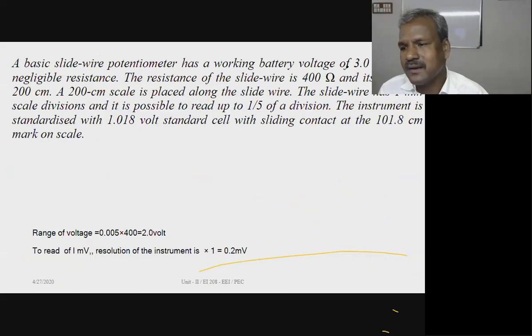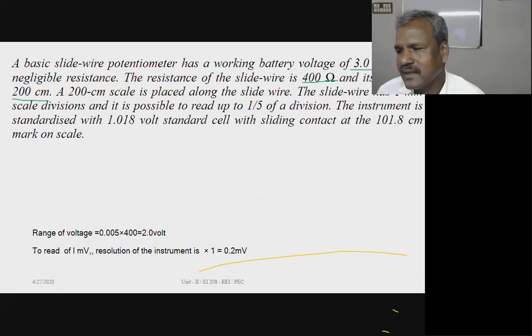The working battery is 3 volts with negligible resistance, that means it does not have its own internal resistance. The resistance of this slide wire is 400 ohms and its length is 200 centimeters. A 200 centimeter scale is placed along the slide wire.